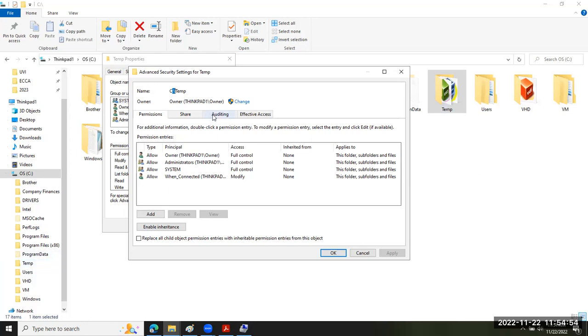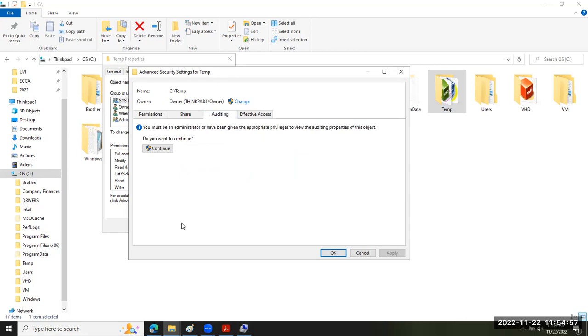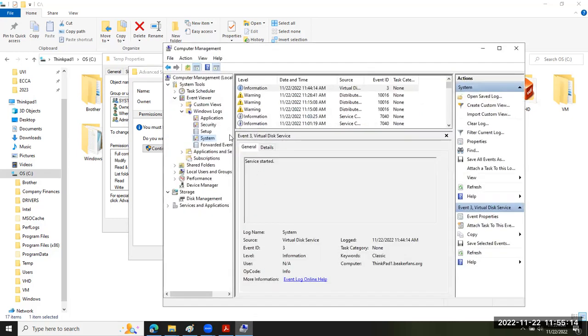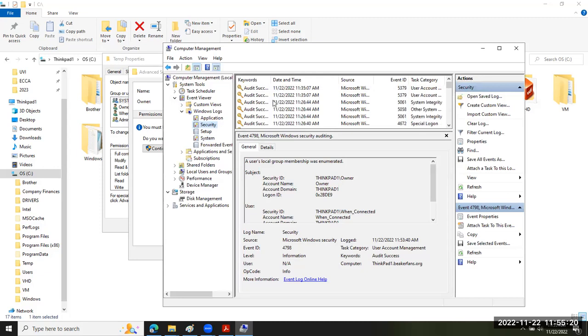Now, here's the part that most people don't pay any attention to at all. The important thing to understand is that journaling in an operating system requires two steps. The first step is to configure what events will be audited. So if you were to configure in security failed attempts at logins or failed attempts at file access, if somebody tried to access a directory and they had to put in a password and it failed, that would be a failed access attempt of a file system object.